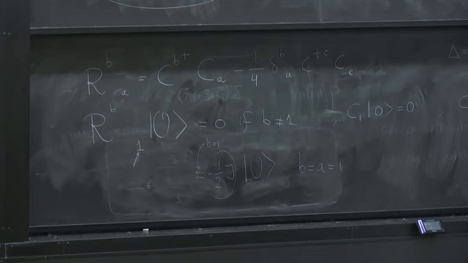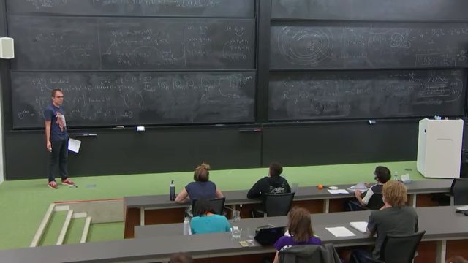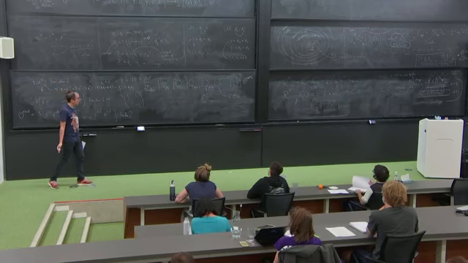Each Q removes a C. So after acting with all the Qs, how many Cs do I have? 0. So at the end we have 0 Cs, and how many A daggers? 4.